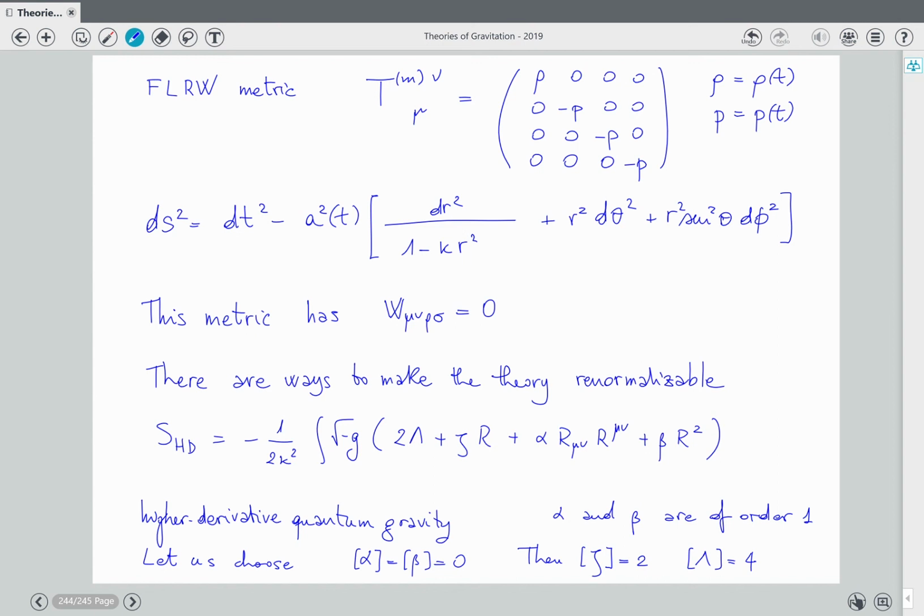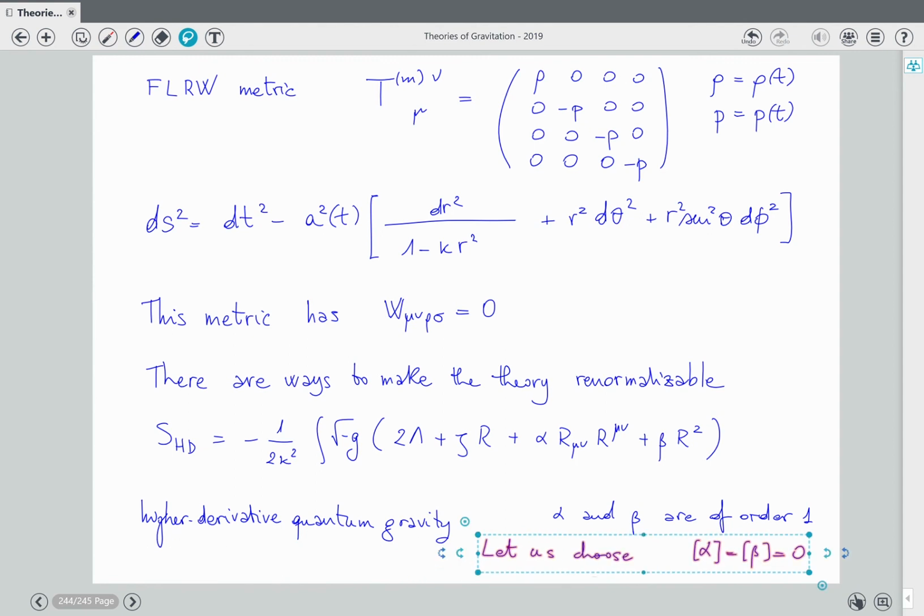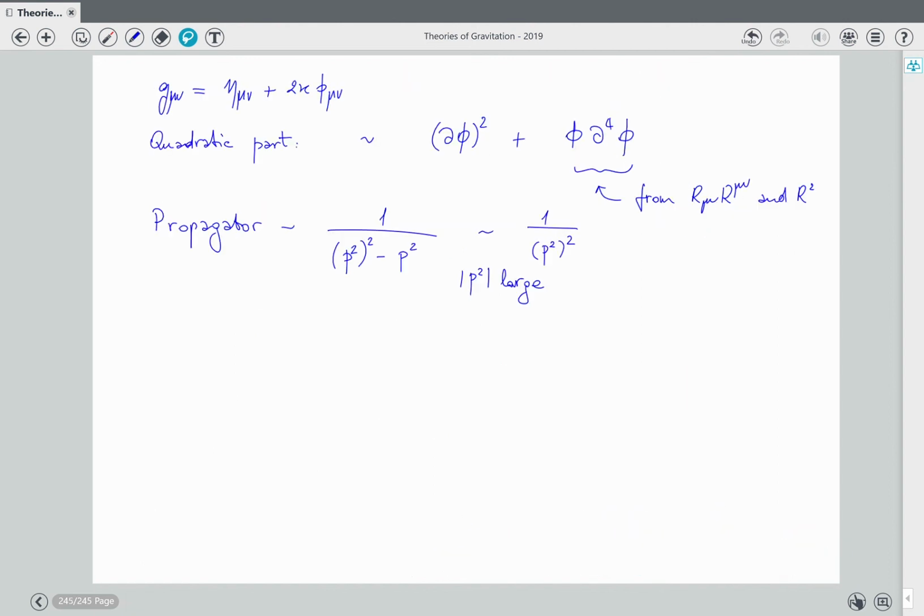No, actually, this is too early to say because I want to derive these two things, and I cannot derive the dimension of that, strictly speaking, from here because let's do like this. Let's choose alpha and beta equal to 0. Actually, it's better to move it to the next page.